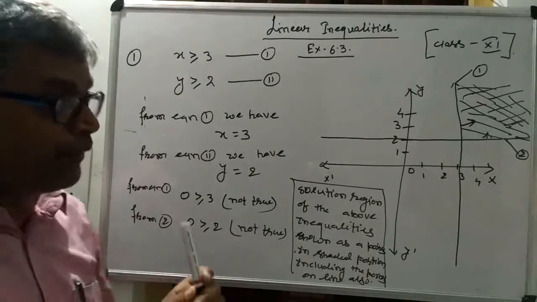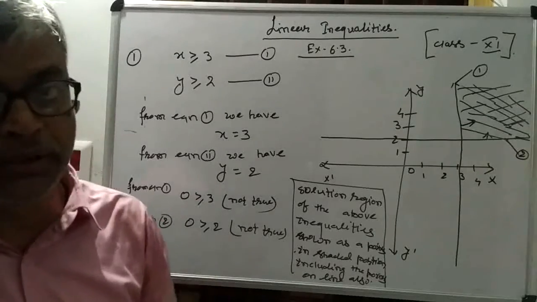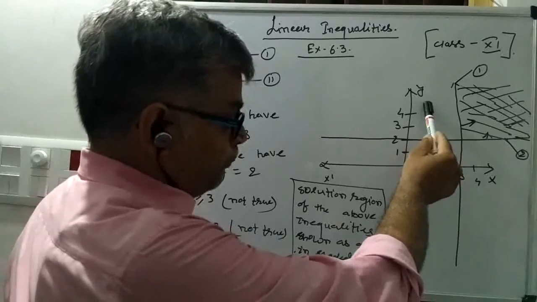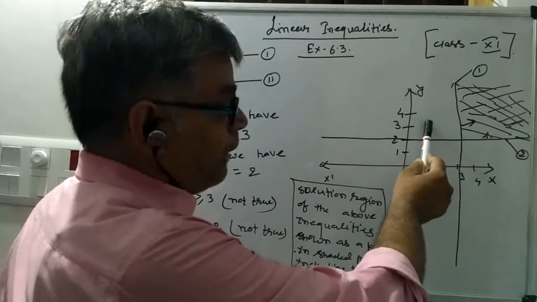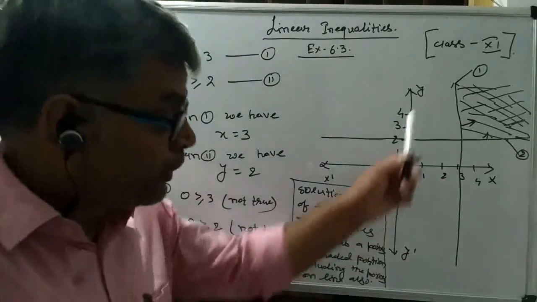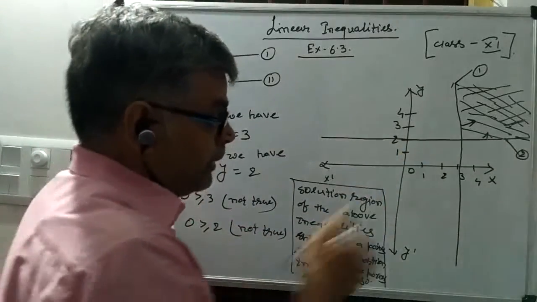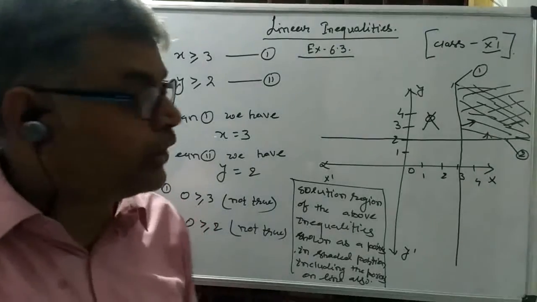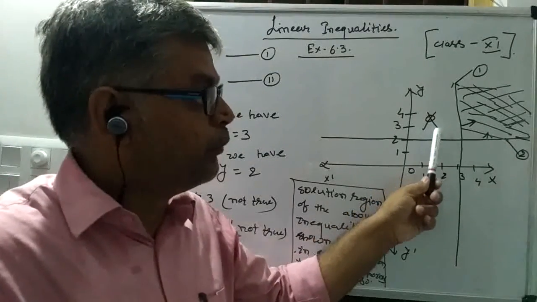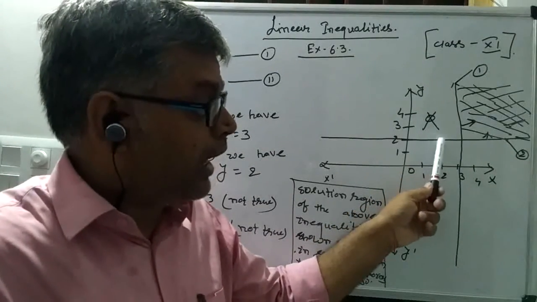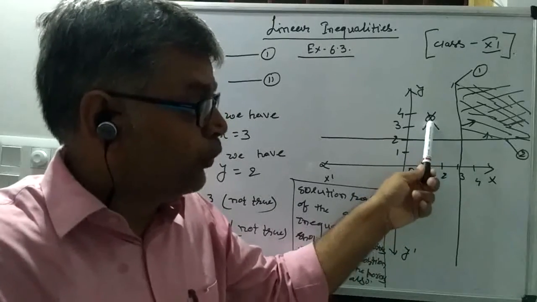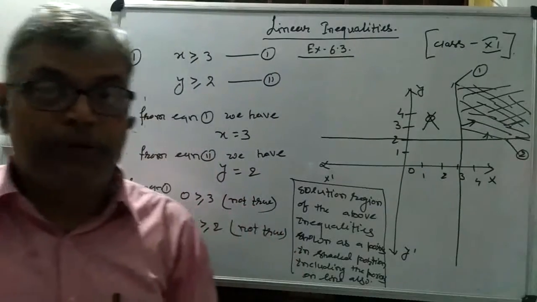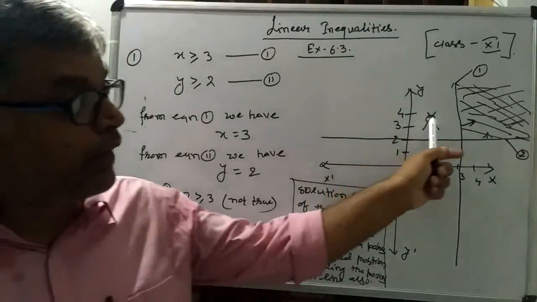So now you have to decide those parts. This part is also satisfying inequality 2, but this part is not satisfying inequality 1. So the points in this region will not be the solution of these inequalities. Where the points are above the line of equation 2, they satisfy inequality 2 but do not satisfy inequality 1.